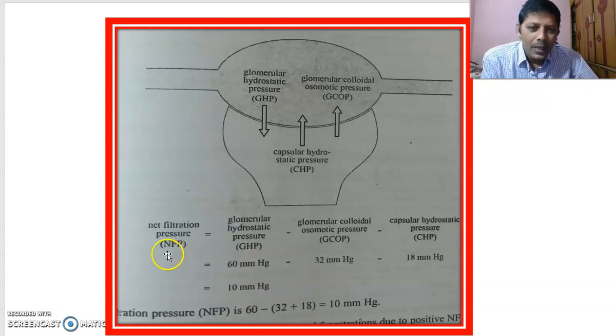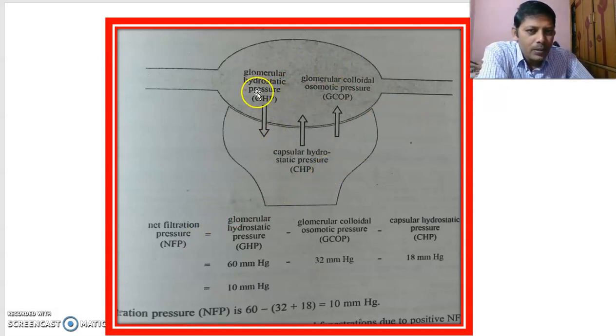And here is the NFP, net filtration pressure. If you add these two opposing pressures, minus 32 and minus 18, you get minus 50. If you subtract this from the 60, you get the NFP, net filtration pressure. This net filtration pressure causes the filtration of blood here.